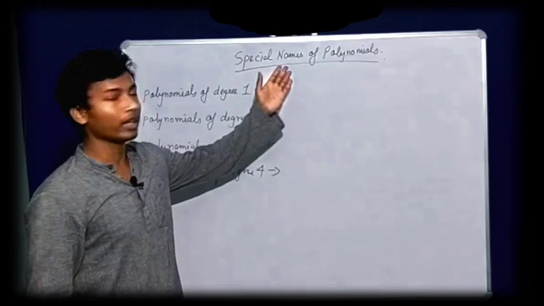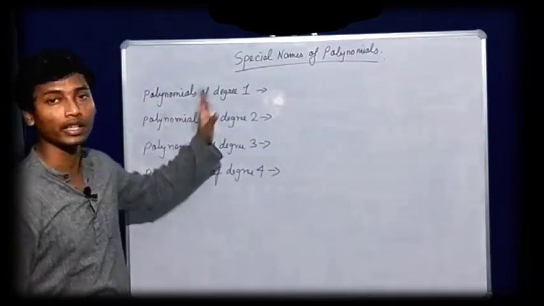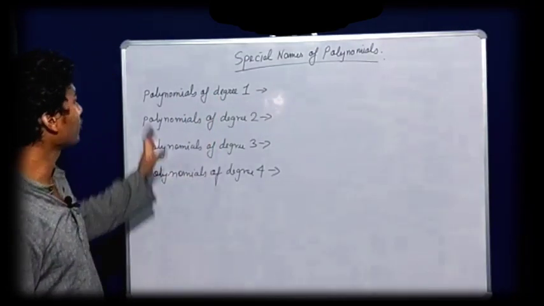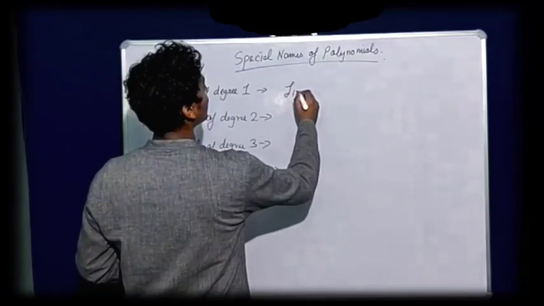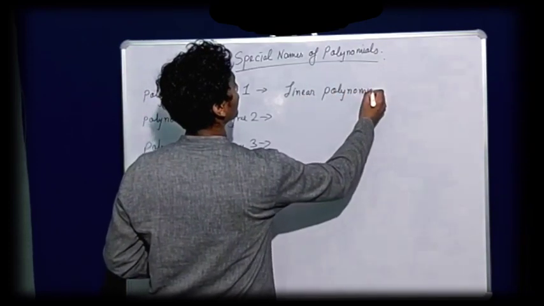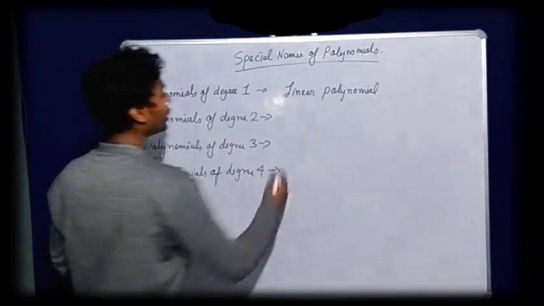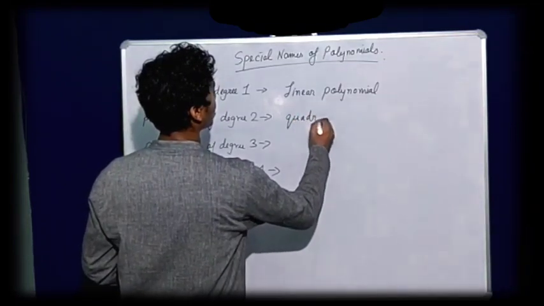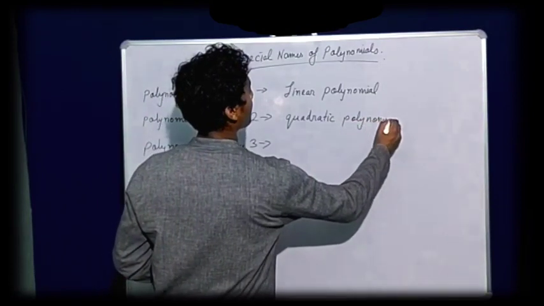There are some special names of polynomials given to them on the basis of their degrees. So the degree of a polynomial decides their special names. If a polynomial has degree 1, it will be termed as a linear polynomial. And if a polynomial has degree 2, it will be termed as a quadratic polynomial.